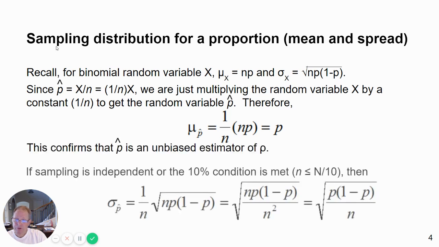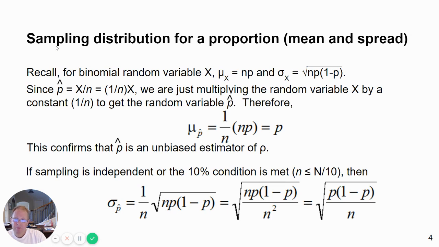Now, I'm going to show you this slide right here. In this slide, I use the definition of mean from our binomial distribution and the definition of standard deviation from our binomial distribution. And from that, I derive the mean of p-hat. So the mean of p-hat is rho.